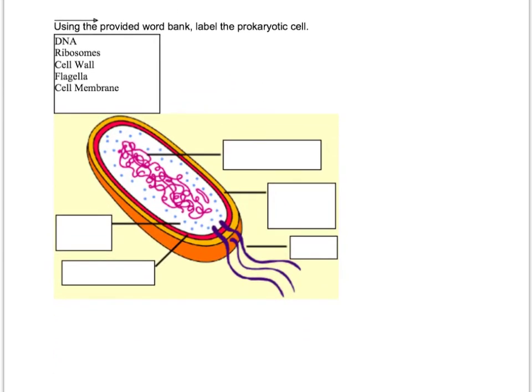When you're looking at this diagram and labeling it, this squiggly stuff that's in here, this is DNA. This outer layer is the cell wall. The inside layer is the cell membrane.